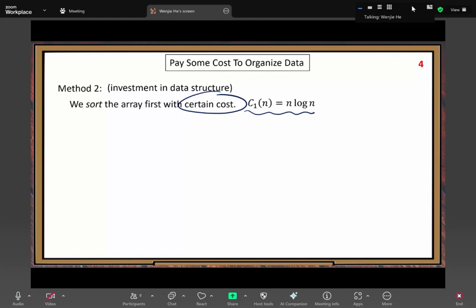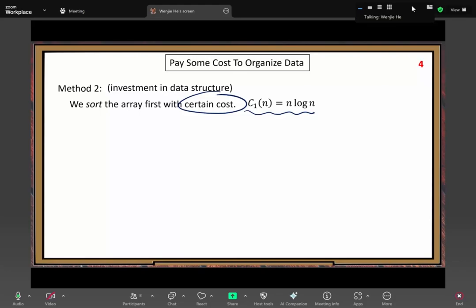But here, because we need to use the sorting process, we need to borrow this later result. We apply the best sorting algorithm here. We don't want to apply a bad sorting algorithm like selection sort. We did selection sort, and that one is pretty bad.